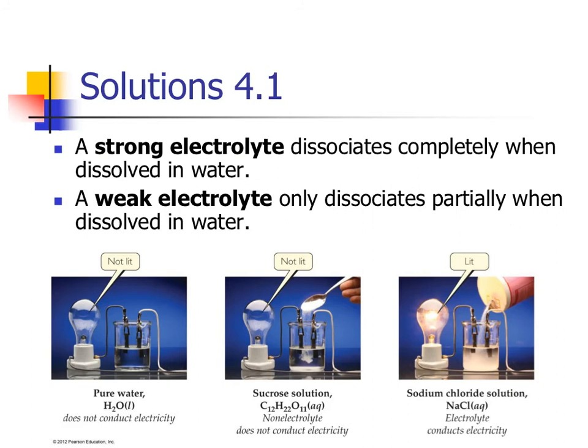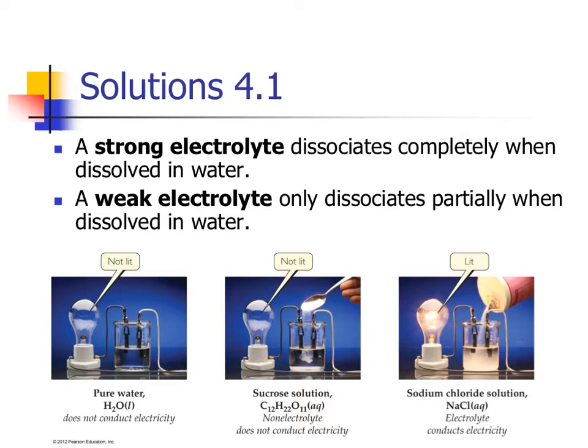We know we have a strong electrolyte if we are able to use a light bulb, and a strong electrolyte will allow the electricity to pass, as we can see in the sodium chloride solution. Whereas sugar is not an electrolyte, and therefore does not allow that electric current to pass through the solution.